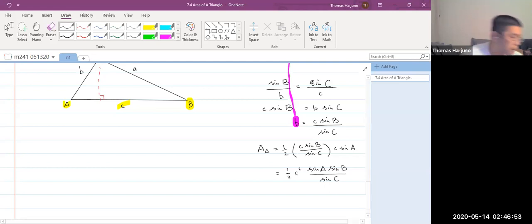Is it okay so far? Now that's actually the type of formulas our textbook developed.